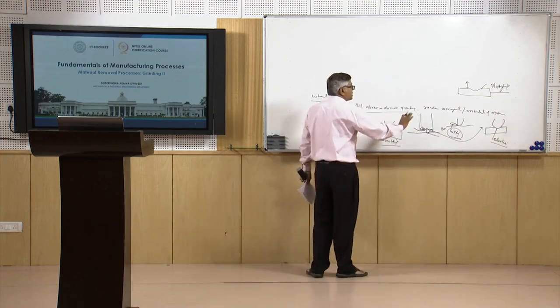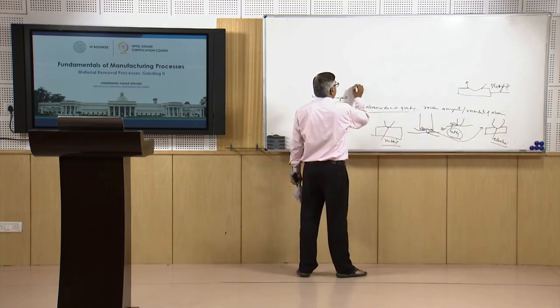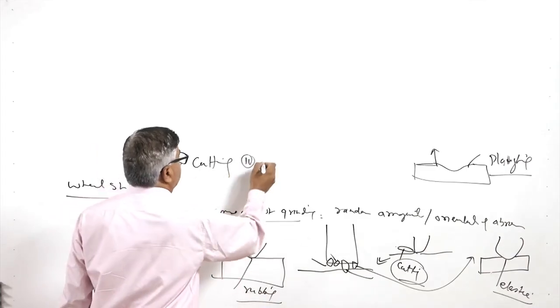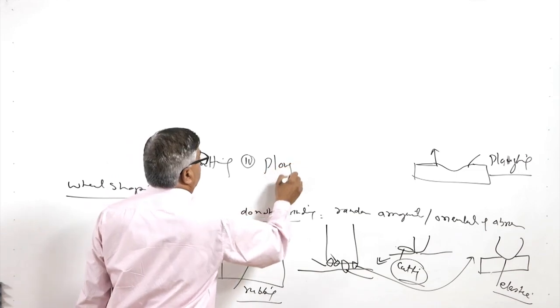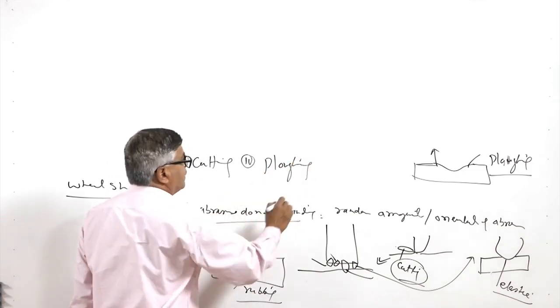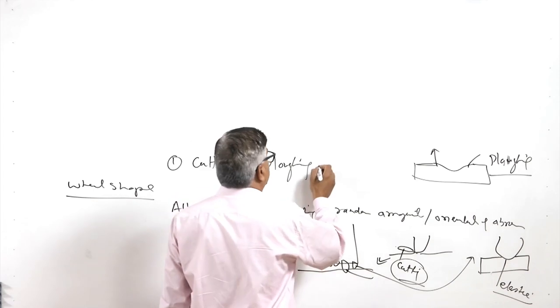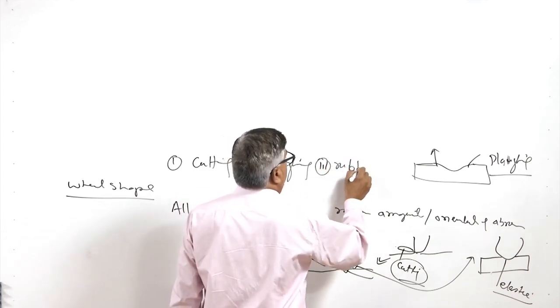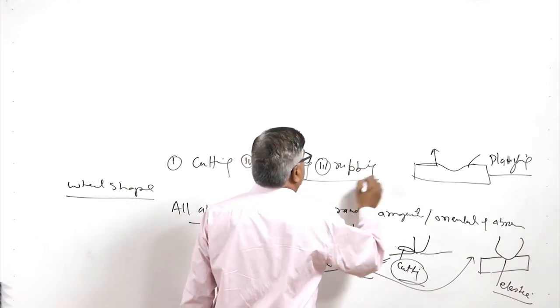So based on these three approaches, the abrasives work in three ways. One is cutting, where material is removed. Second is ploughing, where material is displaced sidewise, and the third one is just rubbing of the abrasives with the surface of the workpiece.